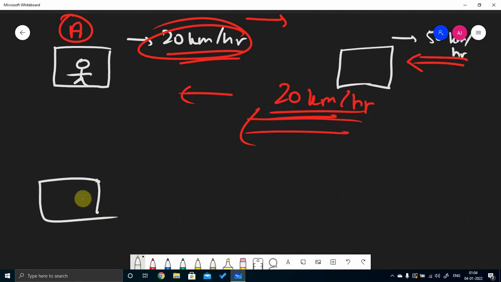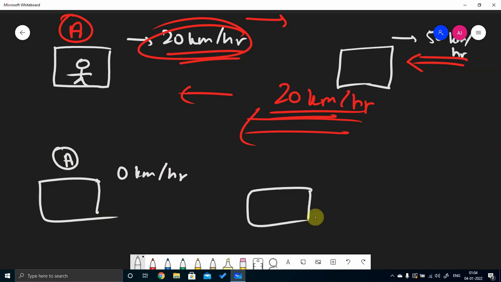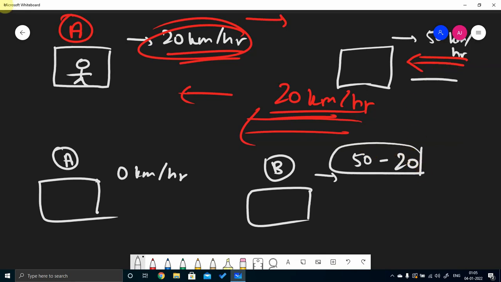So if this is our A, now this has come to rest, right? Now this is at 0 kilometers an hour. And if we look at B over here, B is actually still moving forward. Why? Because 50 minus 20. Why did we do minus 20? Because it is in the opposite direction, right?